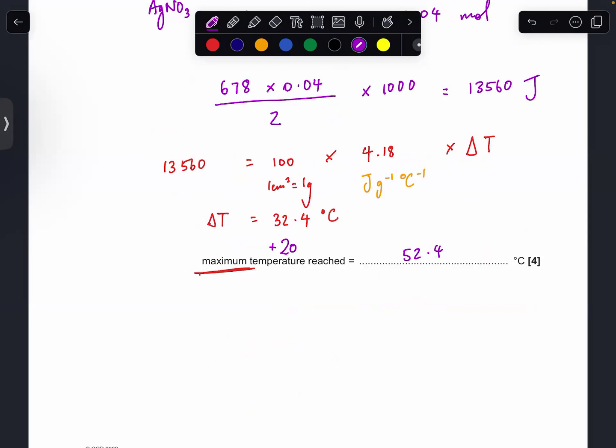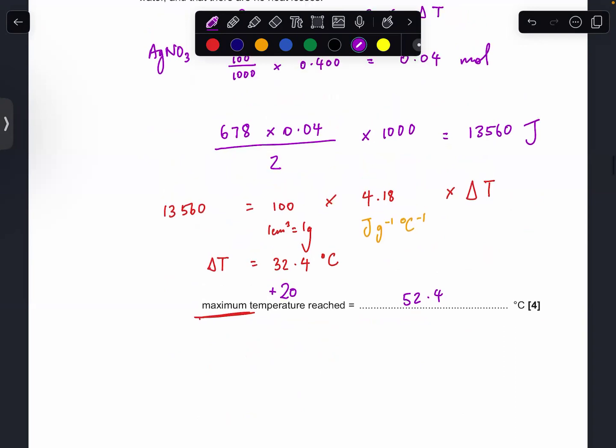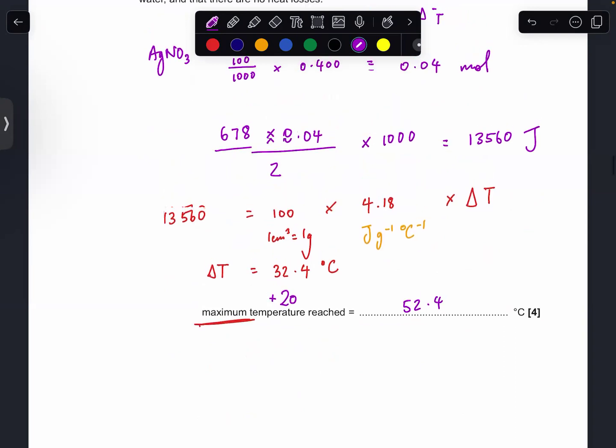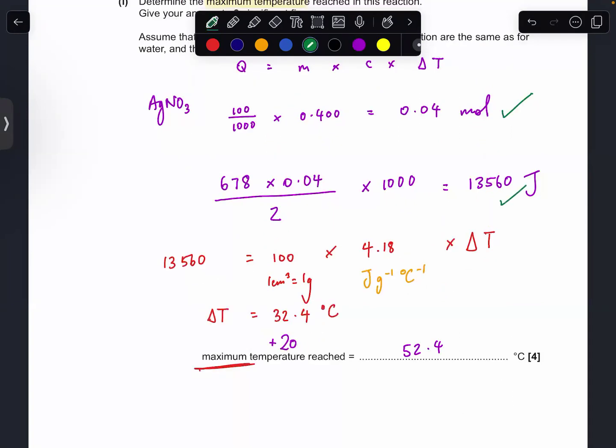Yep, and the mark scheme supports that. Where are the 4 marks from? One is from volume times concentration, one is working out the energy change. Remember to divide by 2. One is to work out the enthalpy change, and one is to add the 20 degrees Celsius.